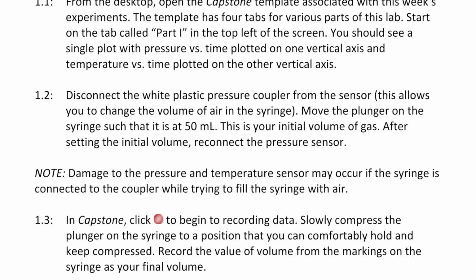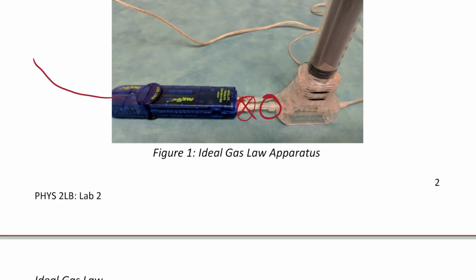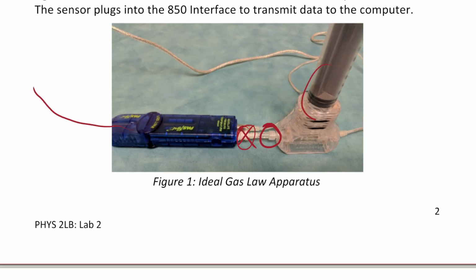So for the first part of the lab, you're gonna take your syringe, disconnect it using the clear plastic, fill the syringe up to 50 milliliters, and then reconnect it. Then you're gonna push the syringe down to some location that you can hold it comfortably, like 30 milliliters or something, whatever you feel is best.